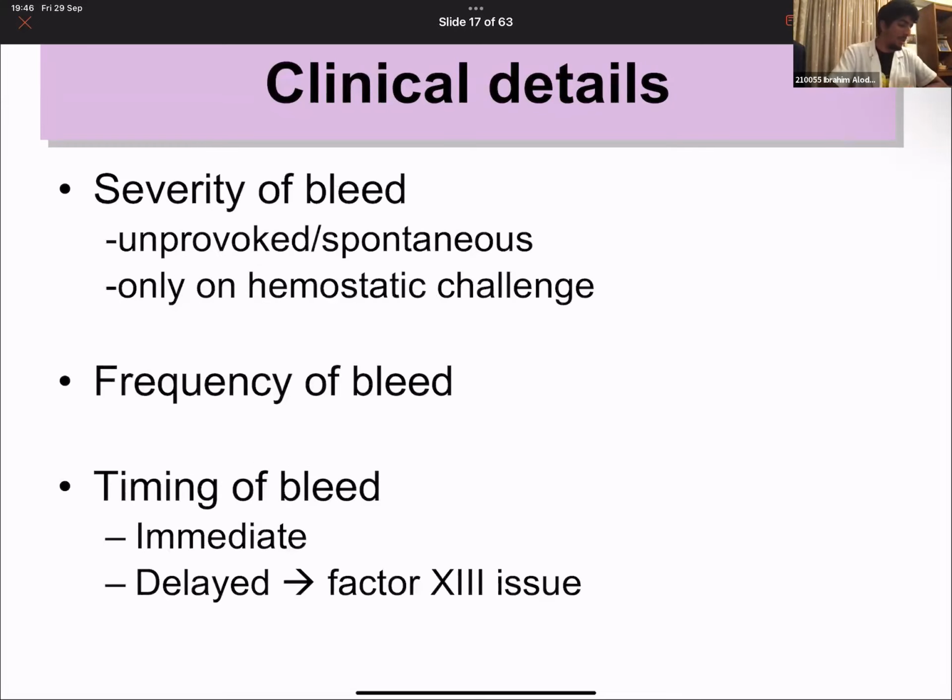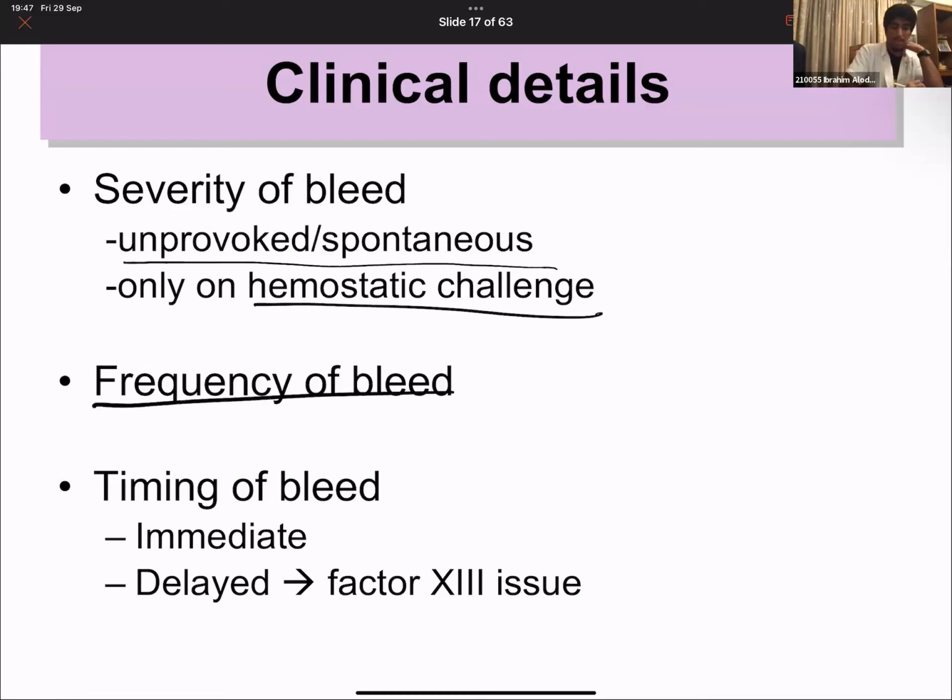Yes, awesome. So we need to know the severity of the bleed. Does it start happening super severely, spontaneously, and it just happens suddenly? Or is it happening when you're actually performing blood tests on the patients and actually sort of pushing the patient's body to bleed so that you can see what's going on?